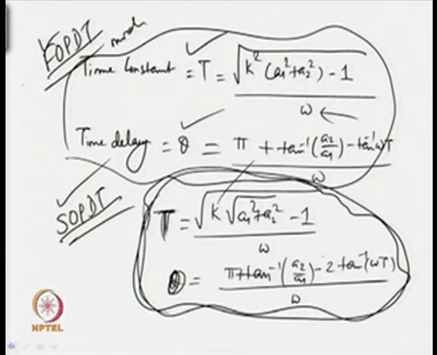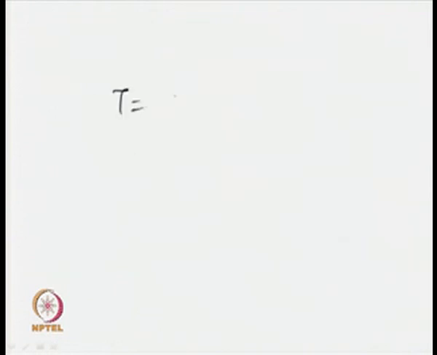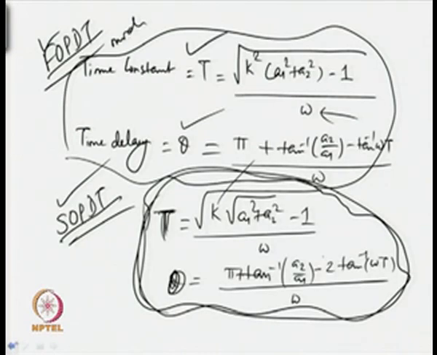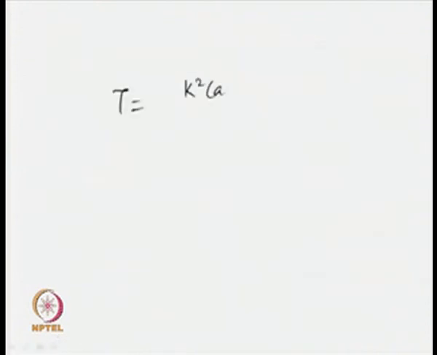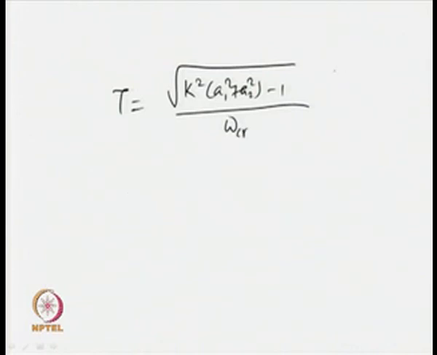So, t is equal to, let me consider the second one, it does not matter, or the first one. So, t is equal to square root of k square a1 square plus a2 square minus 1, upon omega. So, I will use omega CR, the critical frequency.